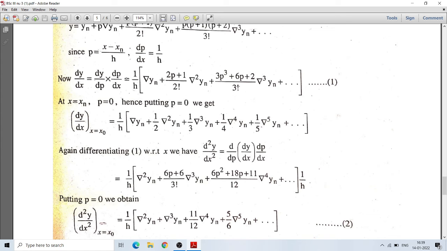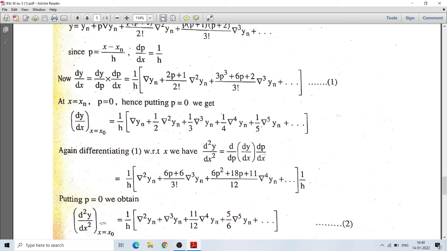Here, differentiate with respect to p. That is 3p², it is 3p² actually, giving 6p + 6, it is not 3p³. Then (6p + 6)/3 factorial ∇³yn, and (6p² + 18p + 11)/12 ∇⁴yn, the next term.